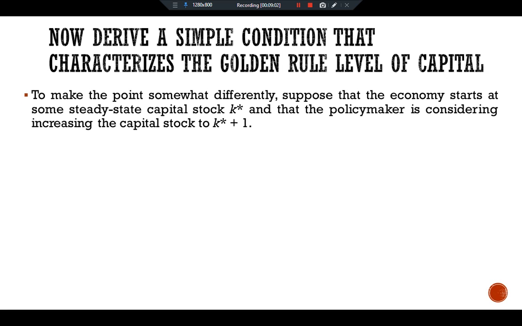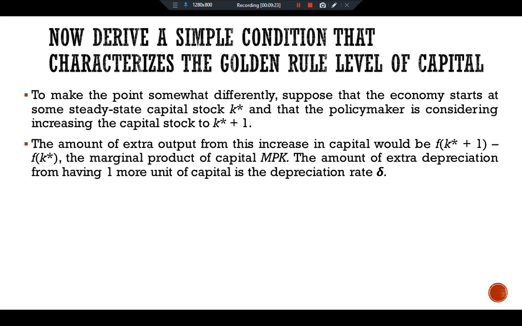To make the point somewhat differently, suppose that the economy starts at some steady state capital stock K*, and that the policymaker is considering increasing the capital stock to K* plus 1. The amount of extra output from this increase in capital would be F(K* plus 1) minus F(K*), the marginal product of capital MPK.